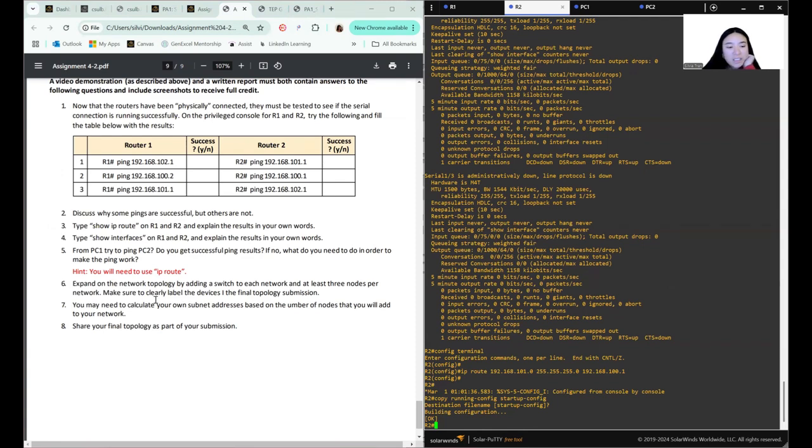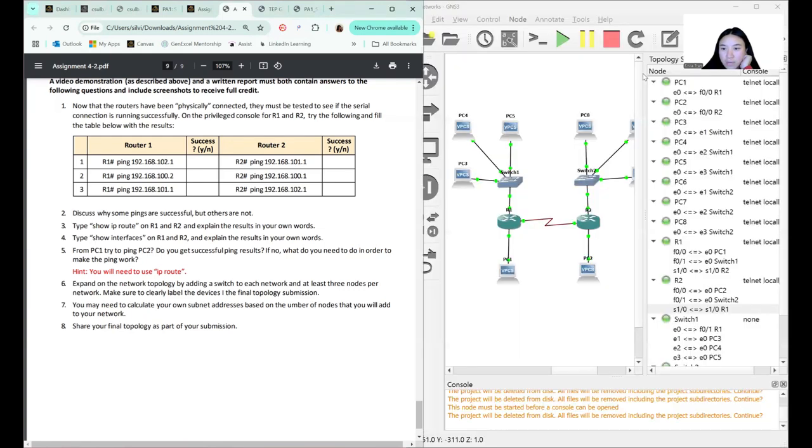And then number 6 says expand on the network topology by adding a switch to each network and at least 3 nodes per network. And that is what I did, I believe, right here.